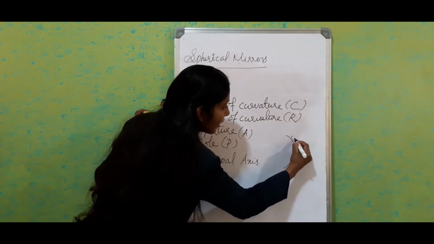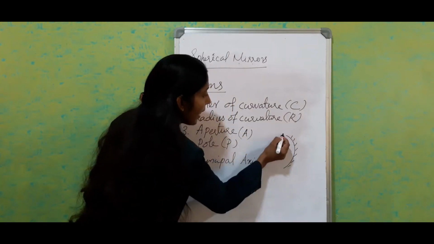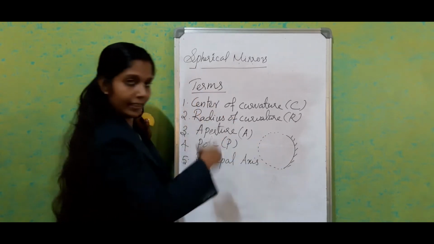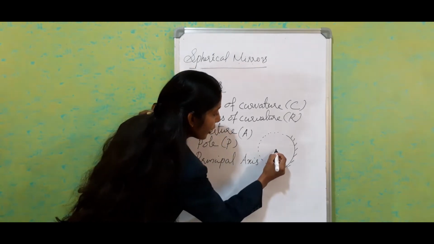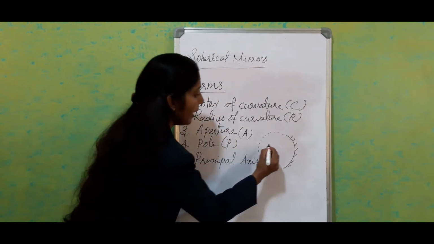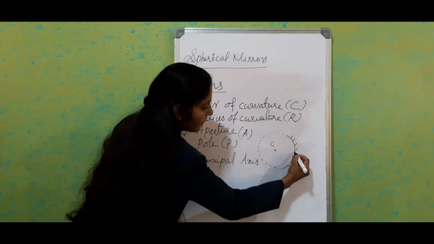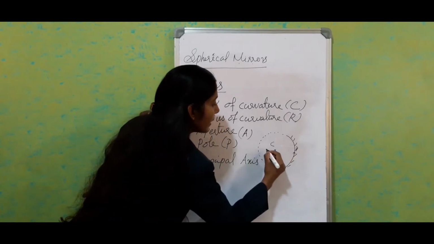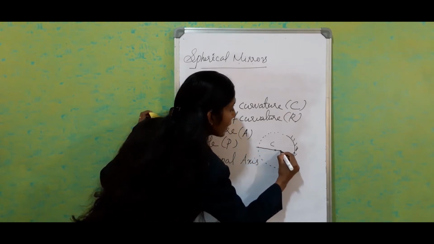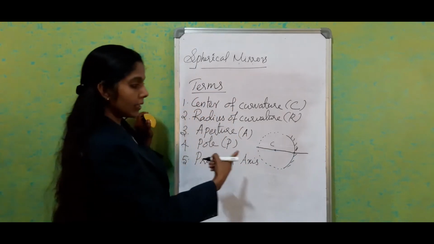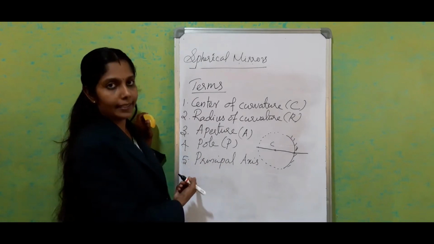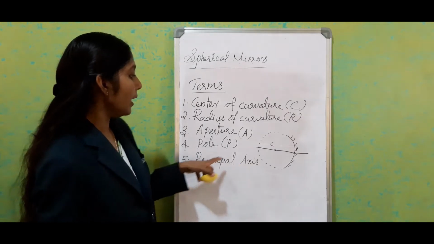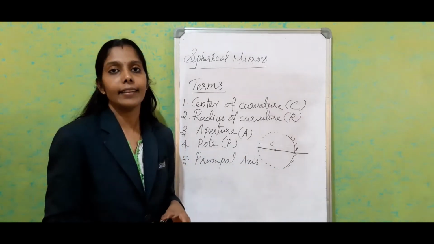Consider this as a concave mirror, and if we make it a continuous line, we will get a circle-like shape. Mark the center of curvature here as C. For this reflecting surface, we have the center, that is our pole. So this is P. The line which passes through the center of curvature and the pole is the principal axis.